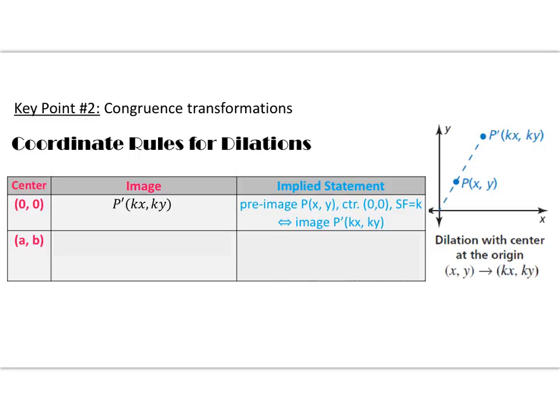If the center is not at 0, 0, and it's somewhere else in the coordinate plane, we'll call it A, B location.